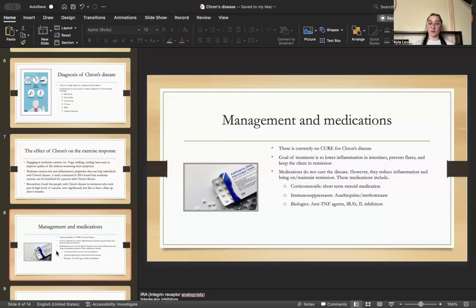So medications can include corticosteroids, which are a short-term steroid medication that you're not supposed to take long-term. Immunosuppressants, such as azithromycin and methotrexate. And biologics include anti-TNF agents, IRAs, and IL inhibitors that they give out as well.